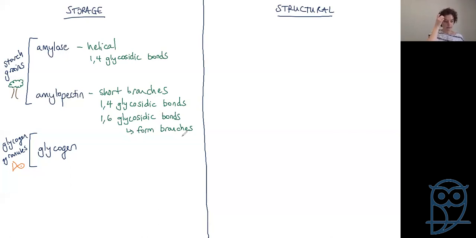Okay, so if we think about it for glycogen, similar sort of thing, we have extensive branches here. So extensively branched. But again, we've got to have that same structure of the links. To get the links, we need 1,4 glycosidic bonds.